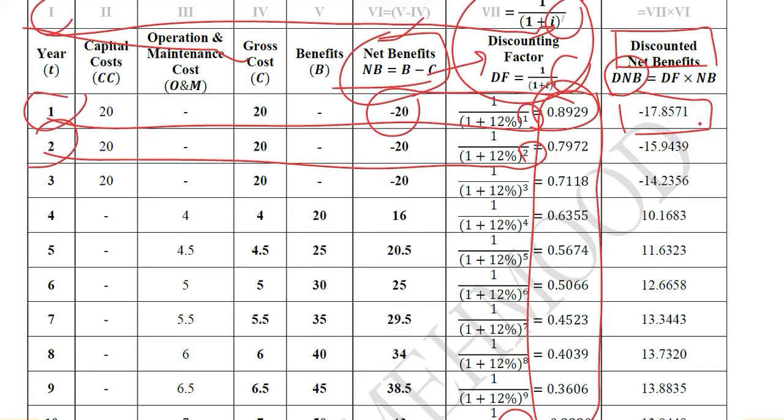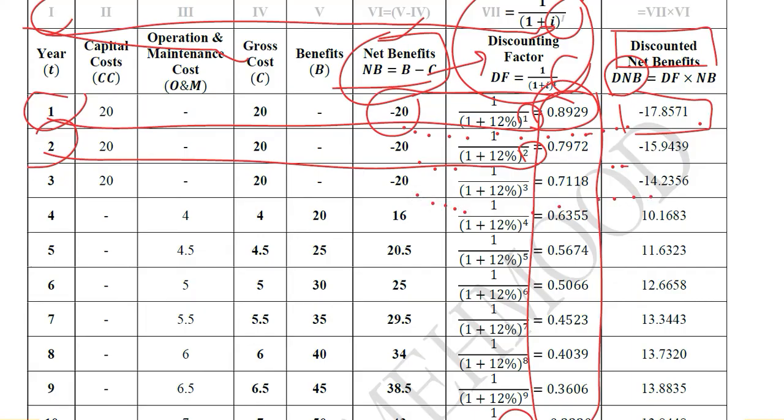The value is actually discounted because it was minus 20, but now it is reduced in terms of magnitude to minus 17. So the magnitude, excluding the negative sign, is reduced. Then again 20 becomes 15. You can see that the same 20 is reduced to 15 in terms of magnitude, and then further 20 reduces to 14.